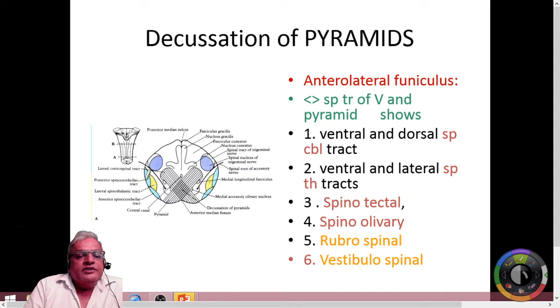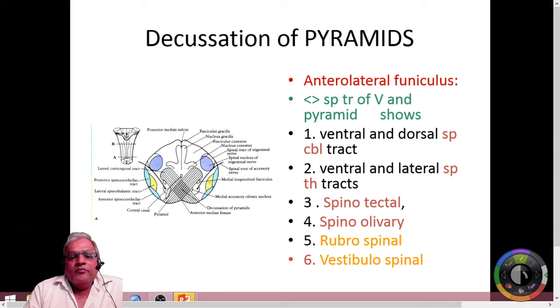Then you have the posterior spinocerebellar tract, and here you have the lateral spinothalamic tract. These tracts, which were in the lateral funiculus of the spinal cord, have been slightly displaced to lie between the spinal nucleus of the trigeminal and the decussation of the pyramids. See? So this has come like that.